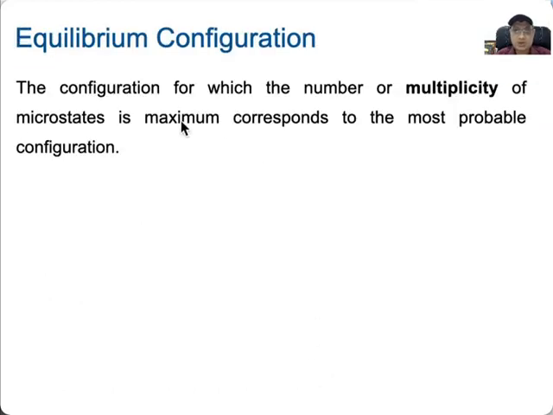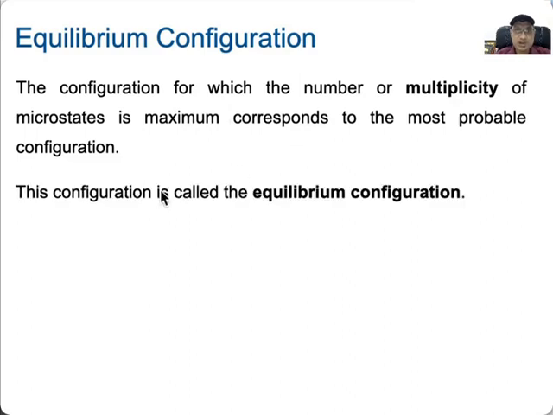The configuration for which the number, or you could say the multiplicity of microstates, is maximum corresponds to the most probable configuration, and this configuration is called the equilibrium configuration.